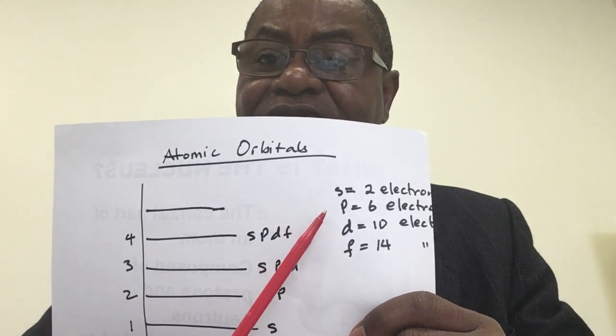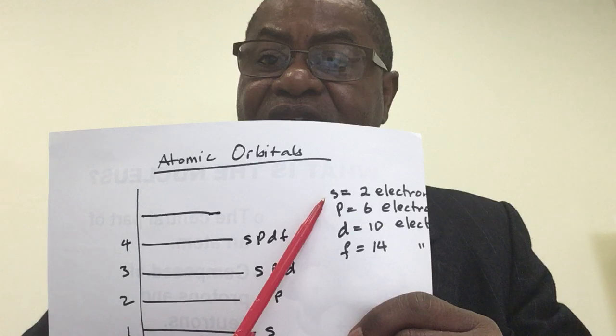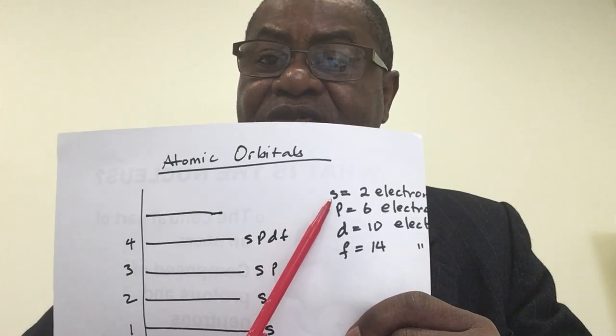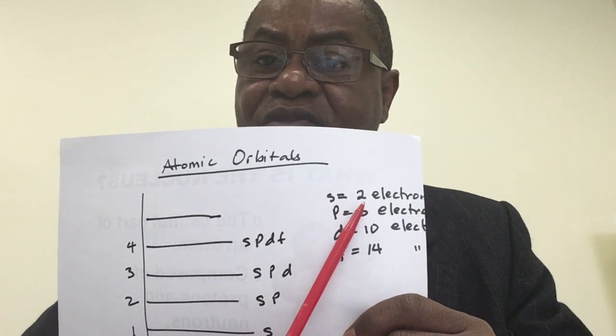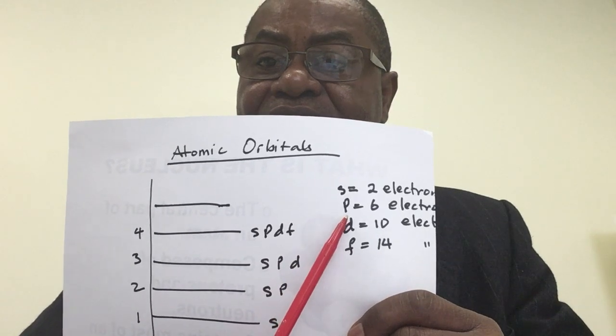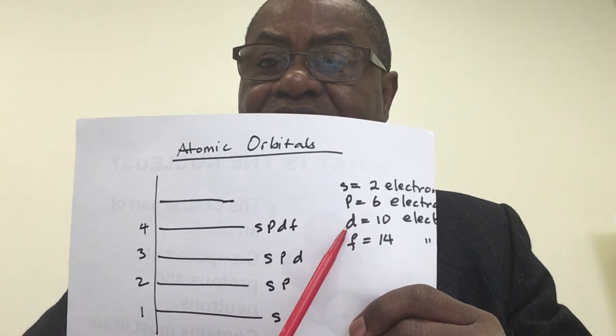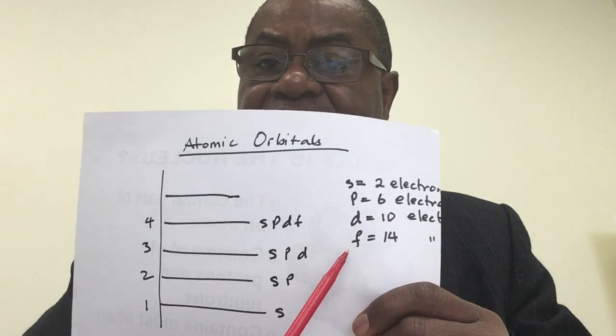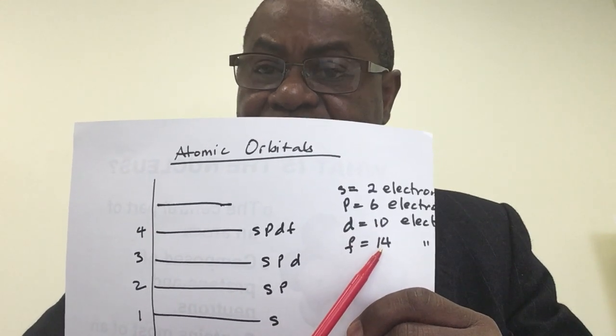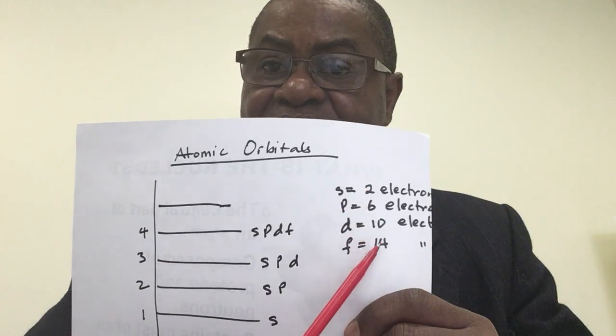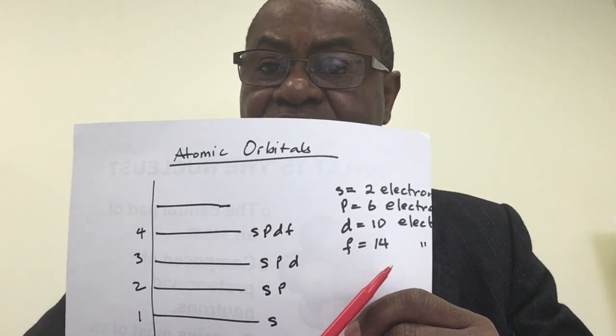The S orbital takes a maximum of 2 electrons. The P orbital takes a maximum of 6 electrons, and the D orbital takes a maximum of 10. The F orbital takes a maximum of 14. We will see why we need these numbers very soon.